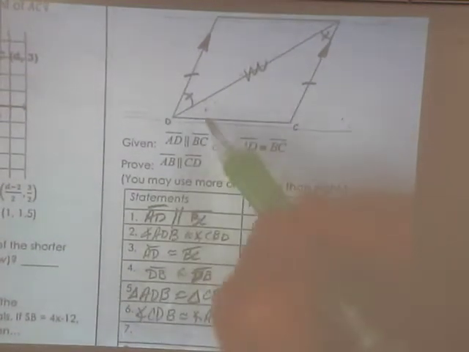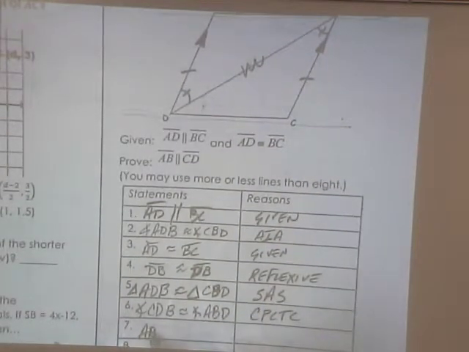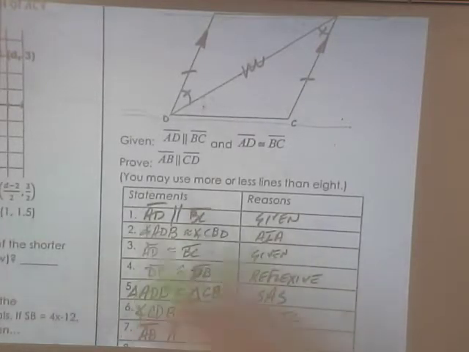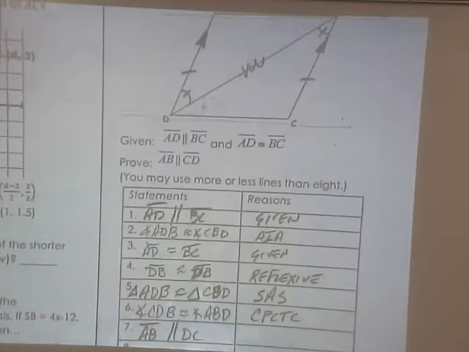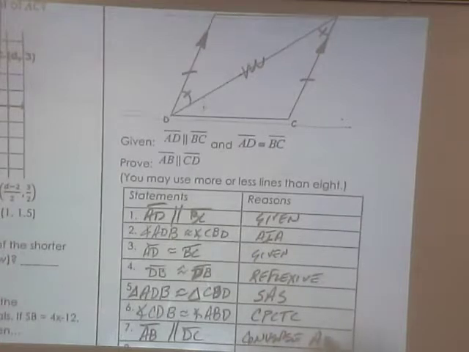And then once I prove those congruent, then AB must be parallel to DC by the converse of alternating interior angles.